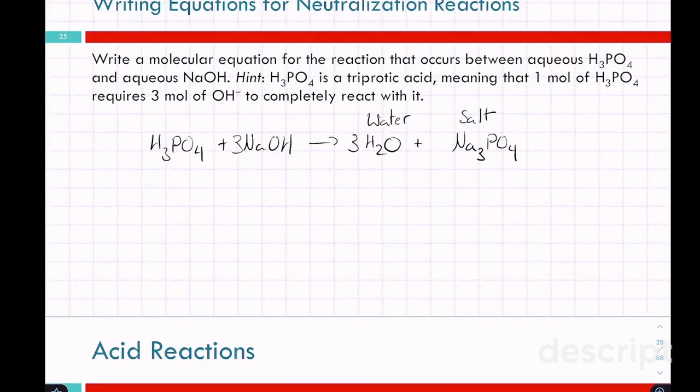Because we need 3 sodiums, then we could put a 3 here, and then that's 3 hydroxides. So then we'll get a total of 6 hydrogens. 3 of the hydrogens come from hydroxide, the other 3 come from phosphate. So if you start with balancing the other stuff, it will balance those as well.